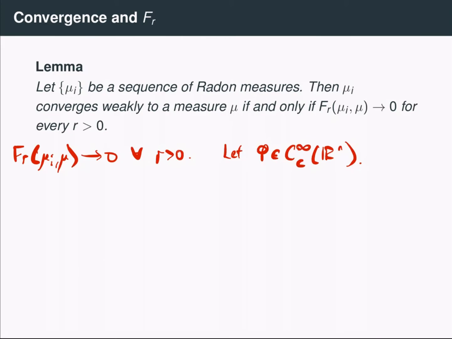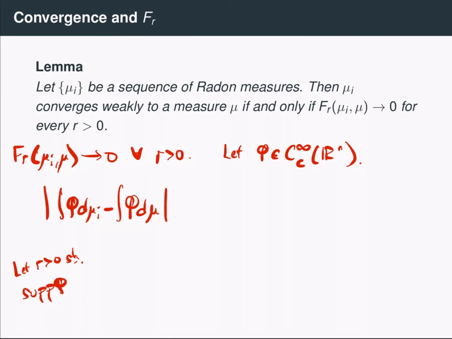In other words, we want to show that the absolute value of this difference converges to 0 for every C infinity function phi with compact support. So let r be bigger than 0 such that the support of phi is contained in B(0, r). Then this is almost immediate.